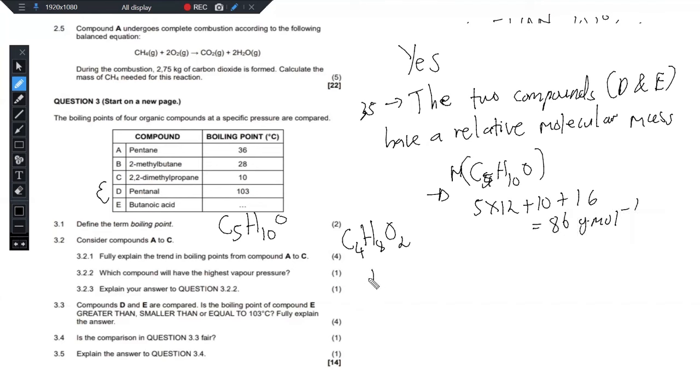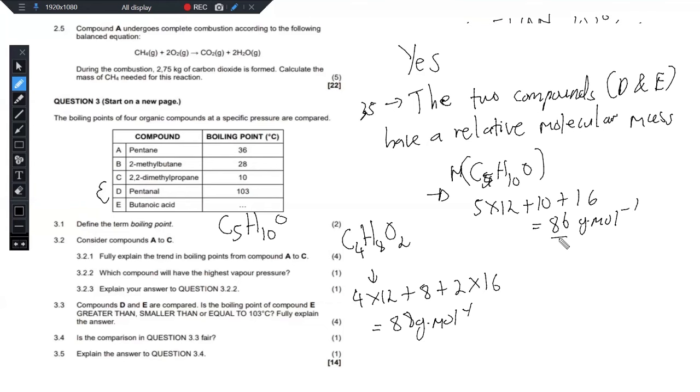Now let's compare it with the mass of this one. That's 4 times 12 plus 8 plus 2 times 16. This is 88 grams per mole. Now 88 grams per mole and 86 grams per mole, that's a relative molecular mass.